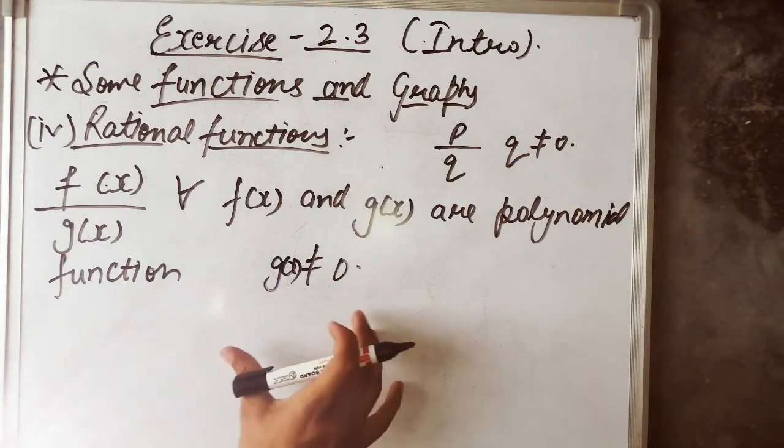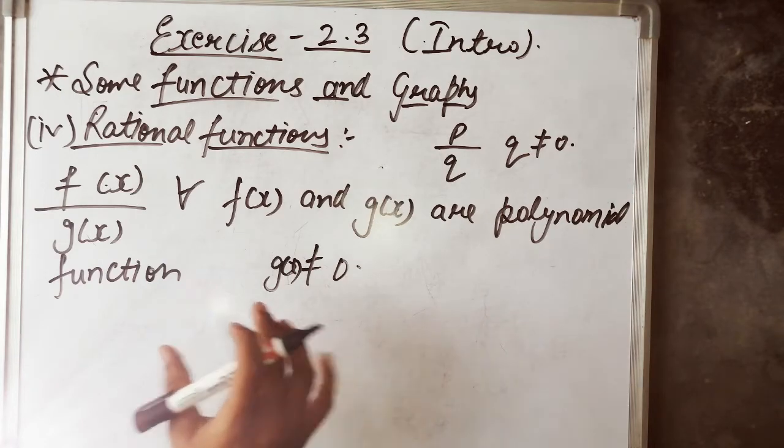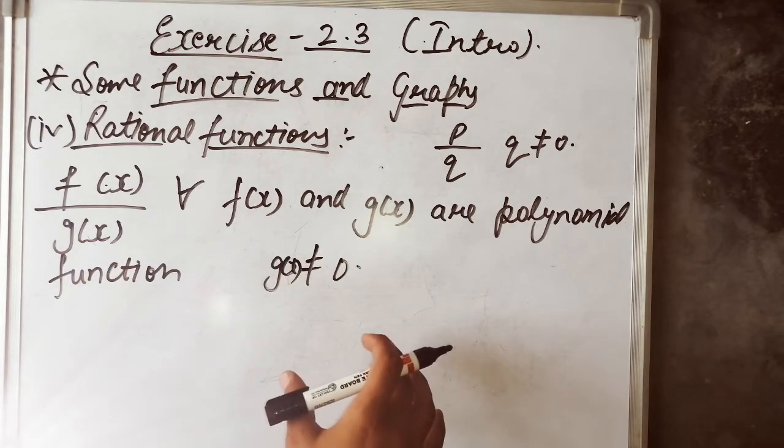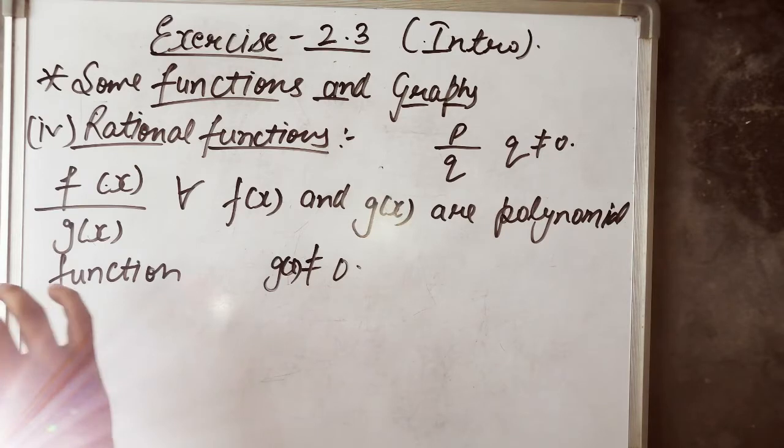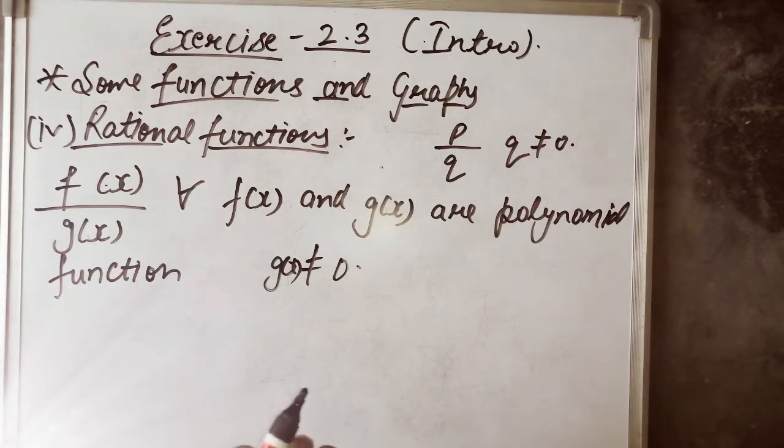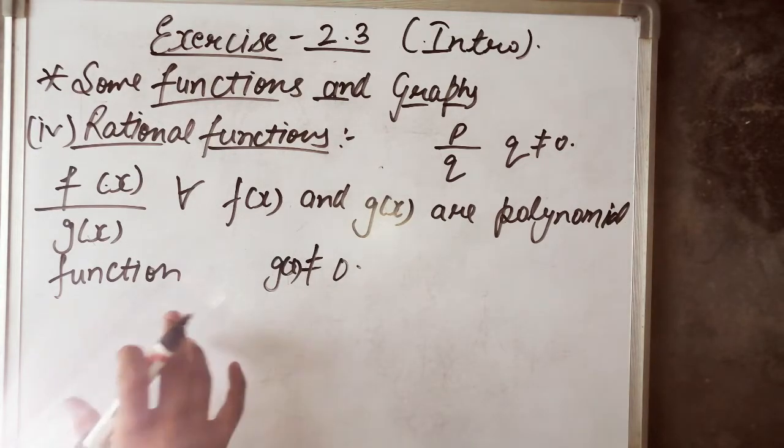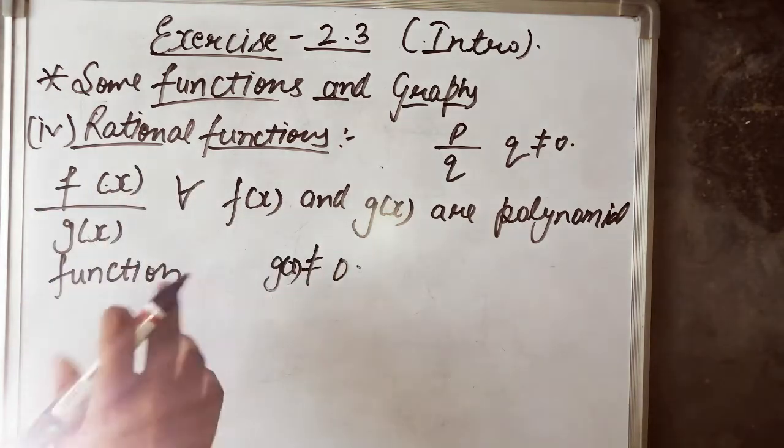What if g(x) equals 0? This will be undefined, because we cannot define a function whose divisor is 0. And in this rational function there is also no specialized graph.